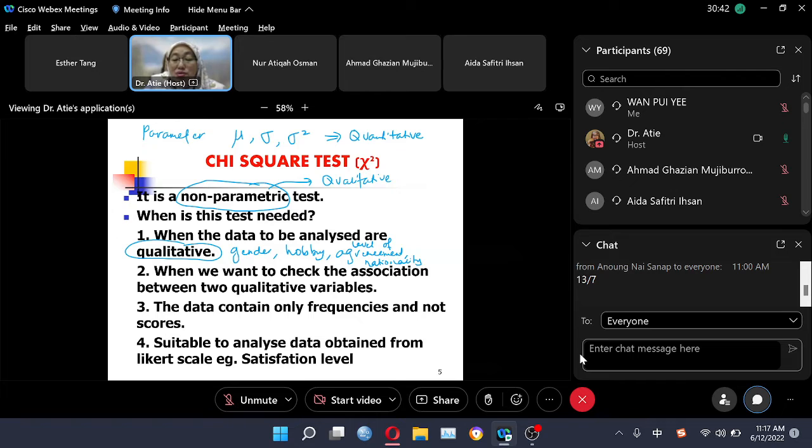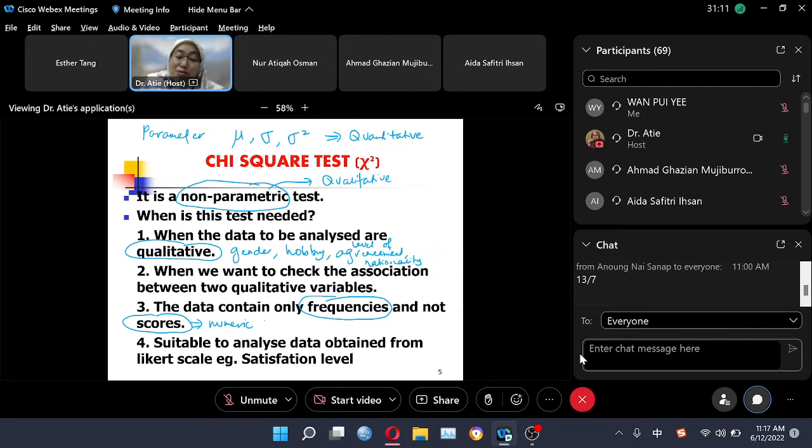All right. So when we want to check the association between two qualitative variables, then we need to use the chi-square test. The data only use frequencies. So we have how many male, how many female, but we don't have scores. When I say scores, we don't have anything that deals with numeric data.